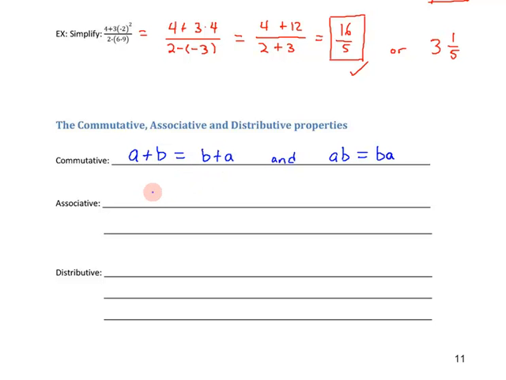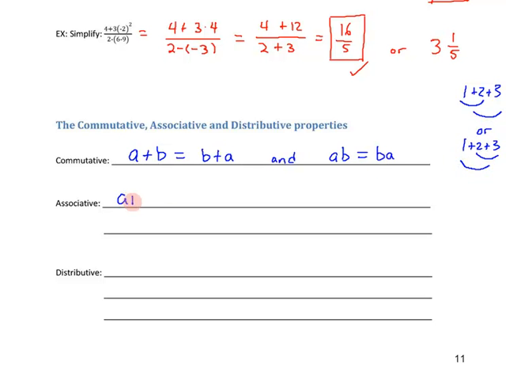There is an associative property. Now you know that if you're going to add a group of numbers together, say I wanted to add 1 plus 2 plus 3. Addition is a binary operation, meaning you're going to add 2 at a time. Now, associative property says that it doesn't matter if I add these two first and then these two, or if I did these two first and then add the result. Okay?